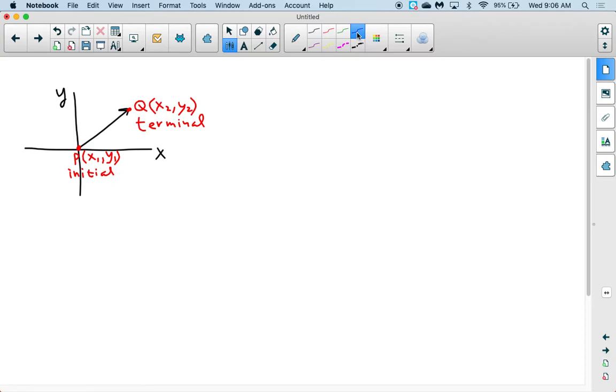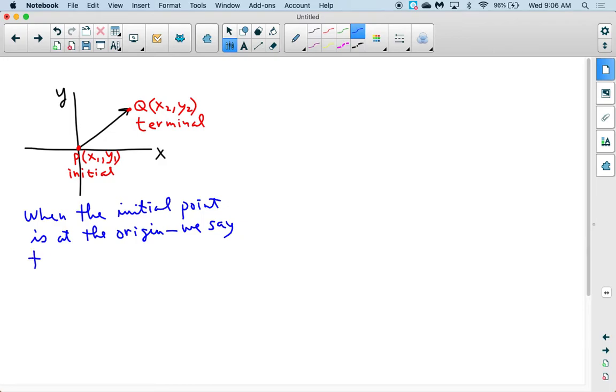So when the initial point is at the origin, we say the vector is in standard position.